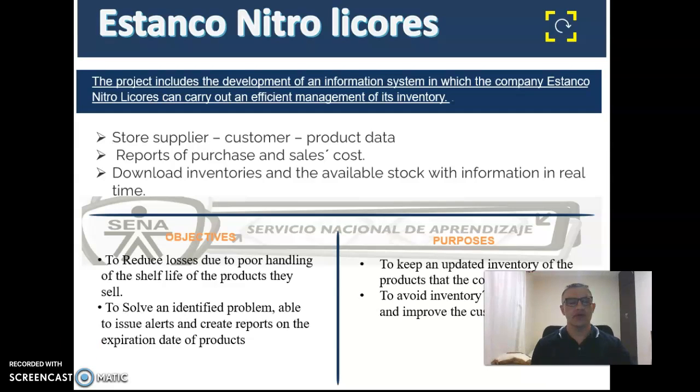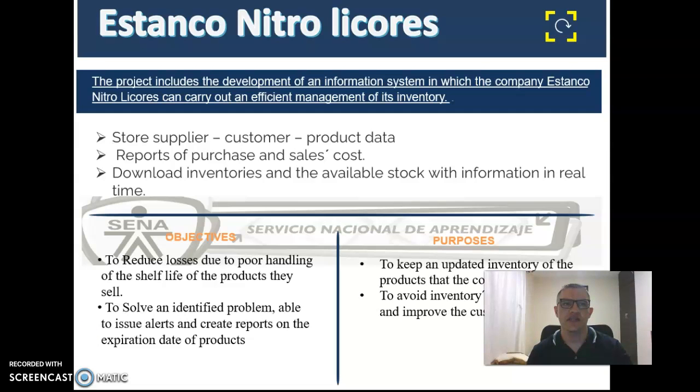Inventory control to avoid losses due to products that reach their expiration date and are still in stock. And a sales software, so that the units sold are discounted directly from the storage inventories.